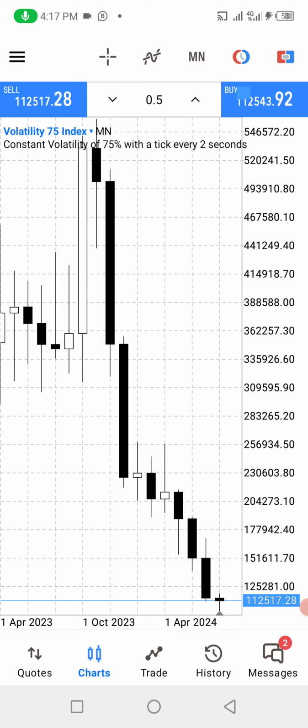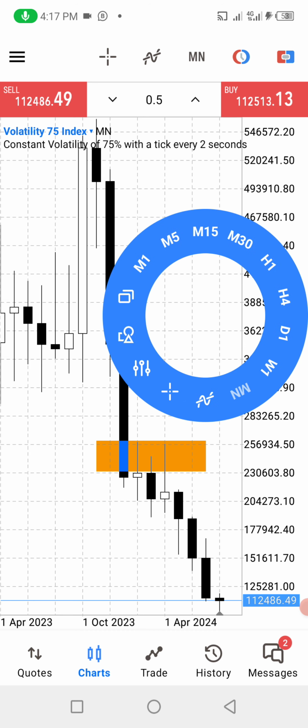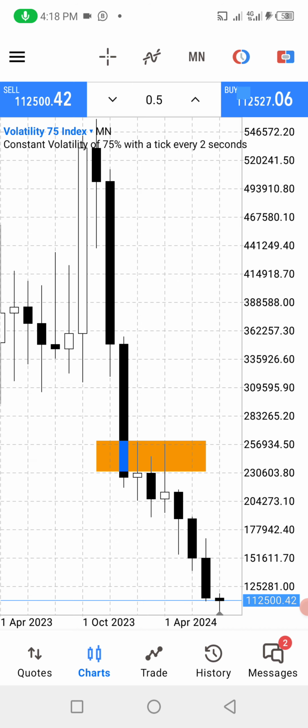Can we map the most current resistance and support and trend line in this monthly time frame? Basically the most recent ones. So this is a resistance. This is a resistance. Okay, and support, we can mark, yeah, there is a support here. This is a support. Okay, this is basically what we have in the month.